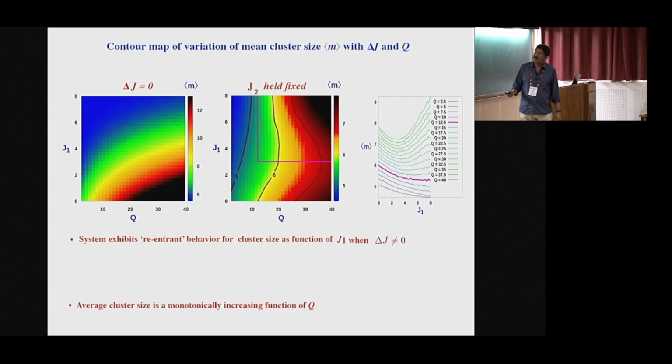And here now I come to these diagrams, or the contour maps, which characterize the overall behavior in the system. Here the two axes are the Q, which I just mentioned, and these parameters which characterize the CIL strength. In the first contour map, I look at the case where J1 and J2 are symmetric.